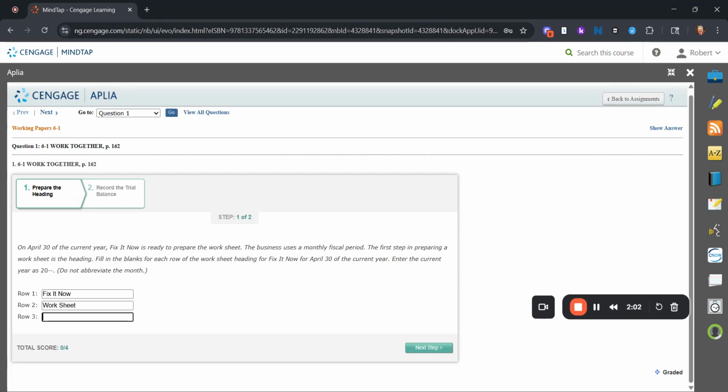And then the time period that the worksheet is for, it is for April. So the date this worksheet's being done, April 30th, 20 dash dash.